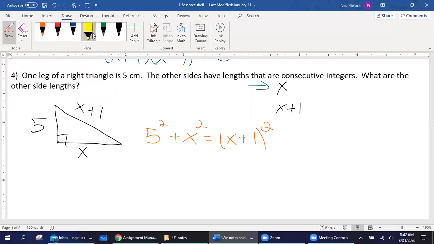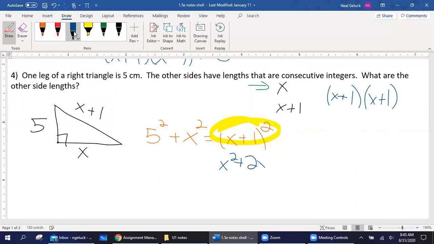So if I square x plus 1, again, remember, that's not just squaring the x and the 1 off to the side, FOIL it out, multiply it by itself, you'll get x squared plus 2x plus 1.